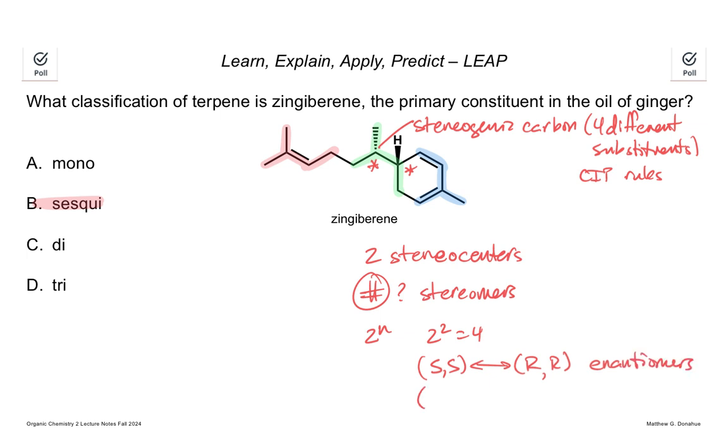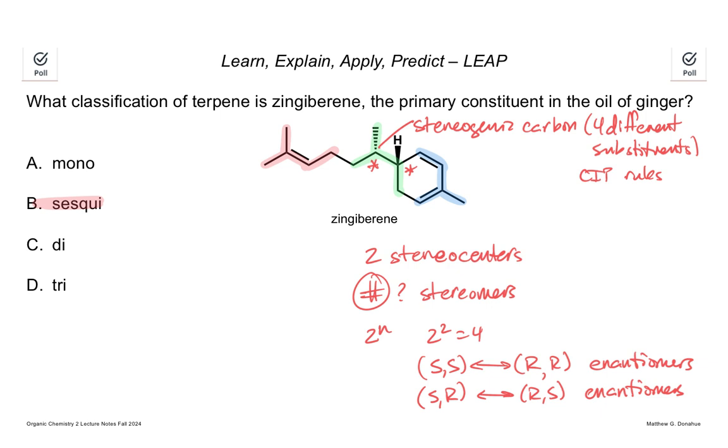And what would be a diastereomer of SS? SR. So those would be diastereomers. What would the enantiomer of SR be? RS. So we have 2 sets of enantiomers, and then any other relationship is diastereomeric.